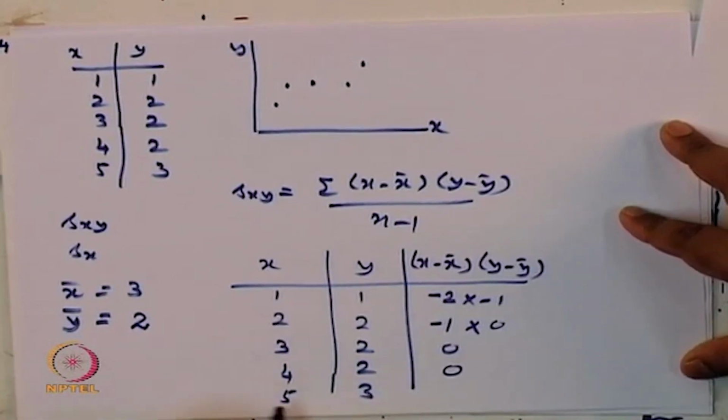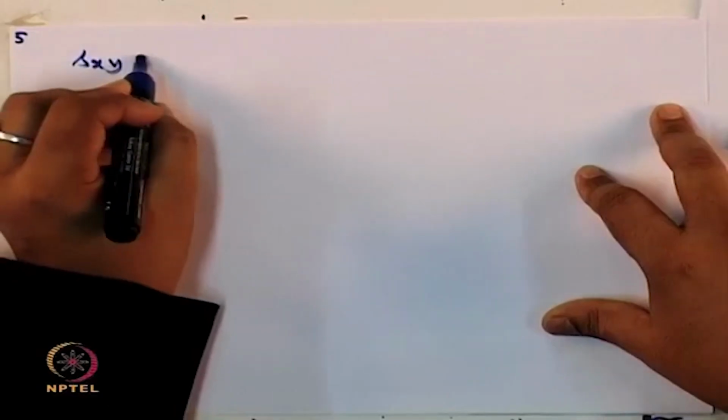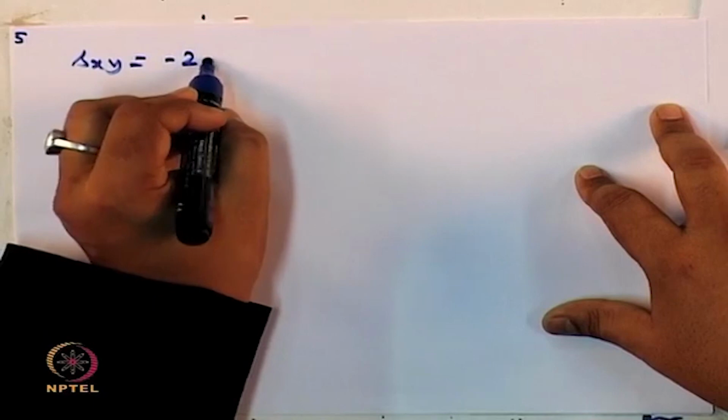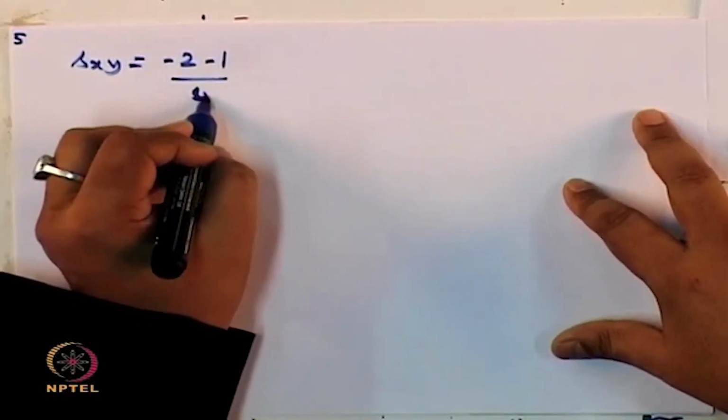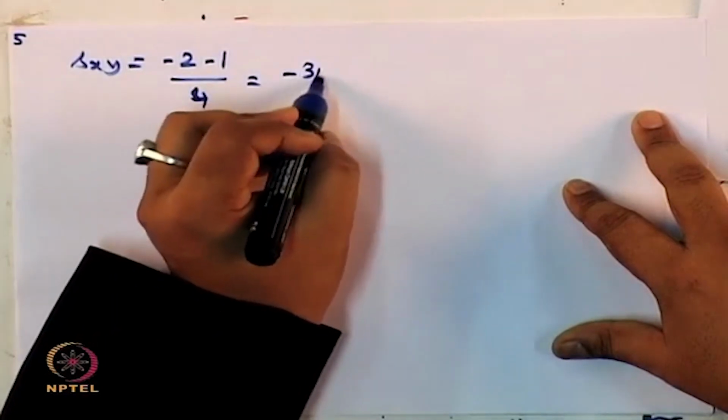In case of 5, you have 1 into 1. So, the value of s x y is going to be minus 2 minus 1 divided by n minus 1, which is 4, equal to minus 3/4.